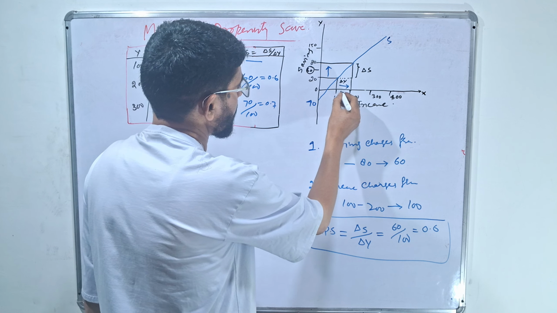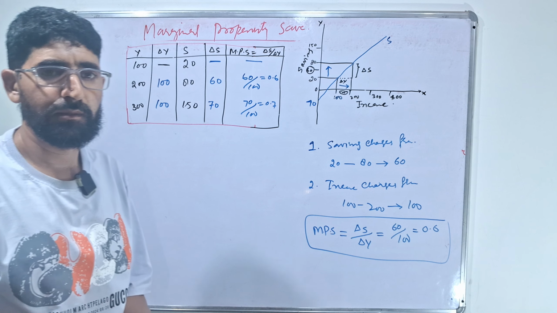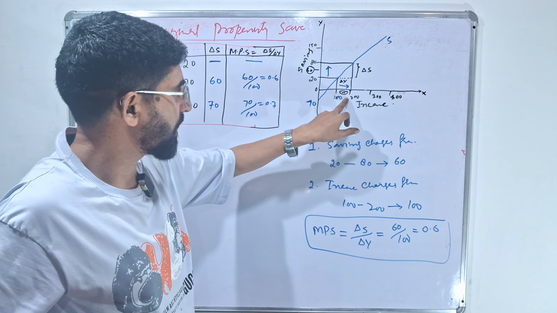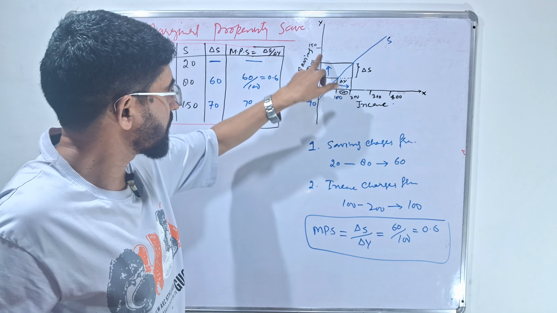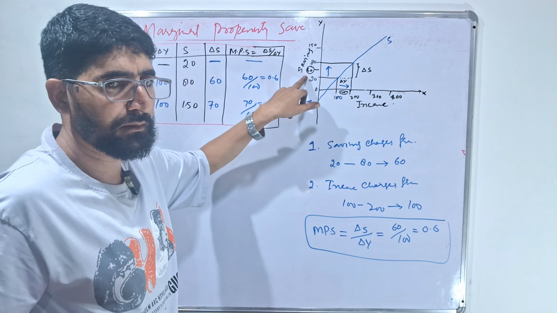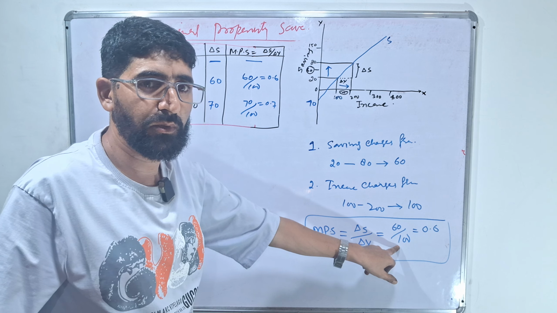This gap is 100. That is why we call this marginal propensity to save. Here the change between 100 to 200 is 100. Here is saving, on the y-axis 20 to 80 is 60. That is why I write 60 divided by 100. That we call marginal propensity to save.